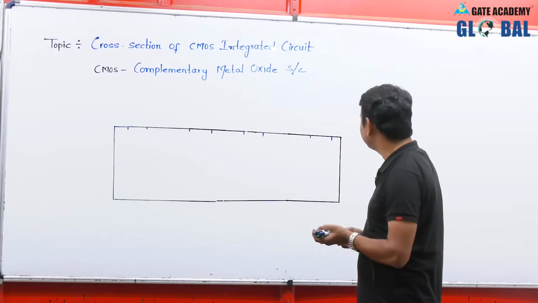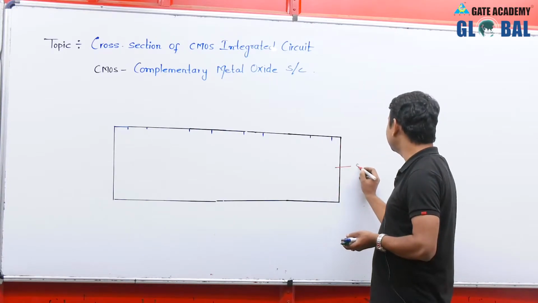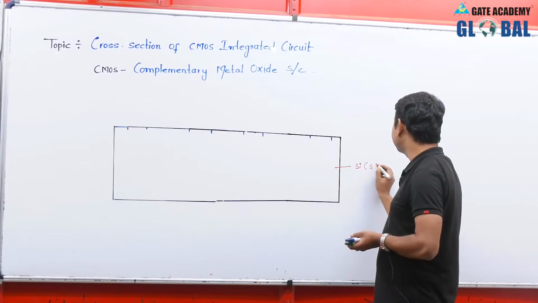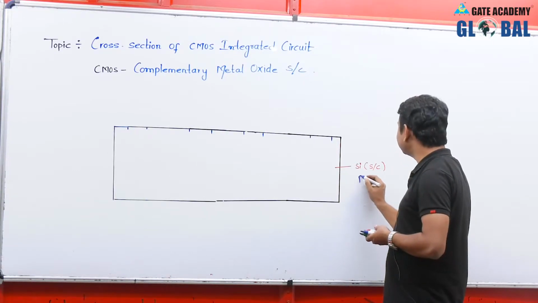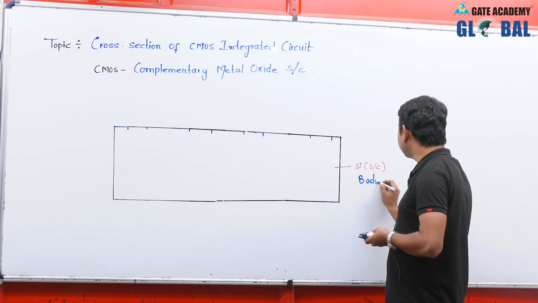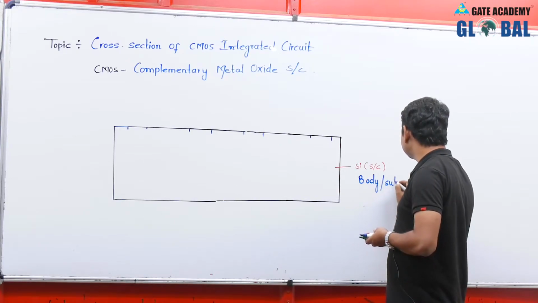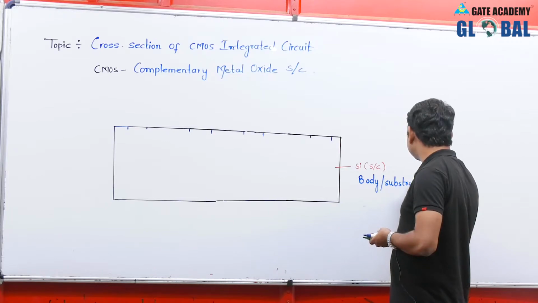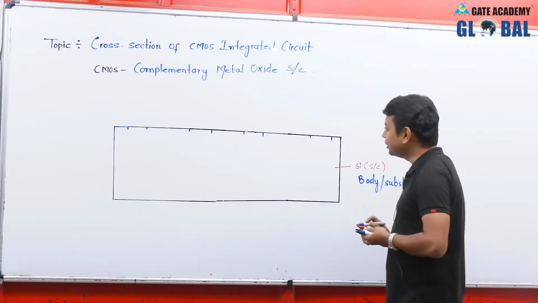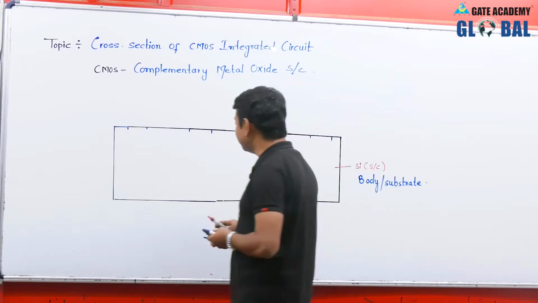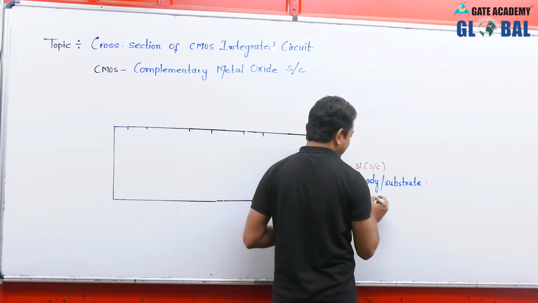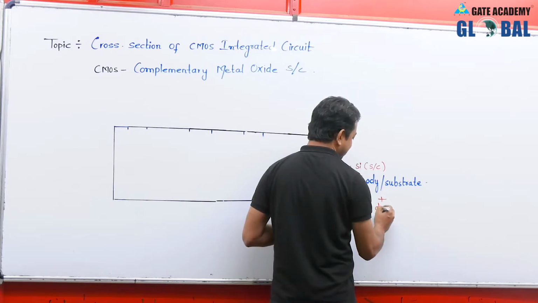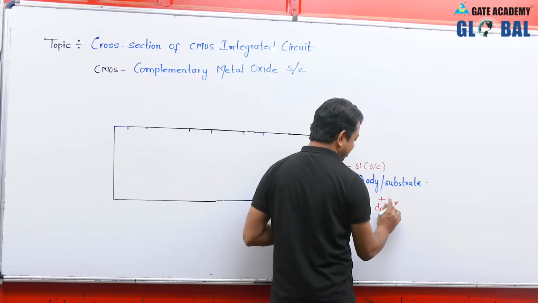So I will write one by one. This is a basic silicon semiconductor which is acting as a body, or we can say the substrate. When we dope this semiconductor, we have to choose which type of atoms we dope.